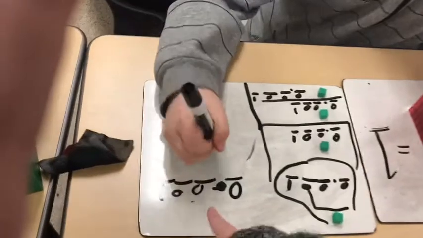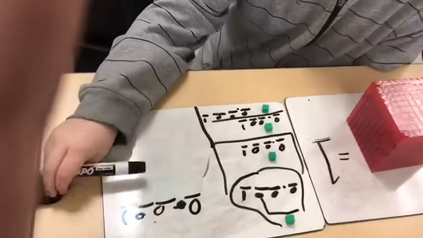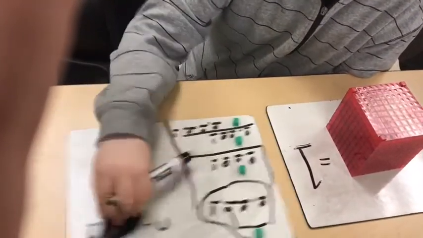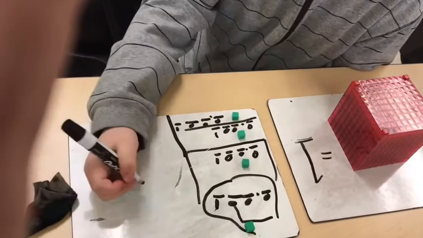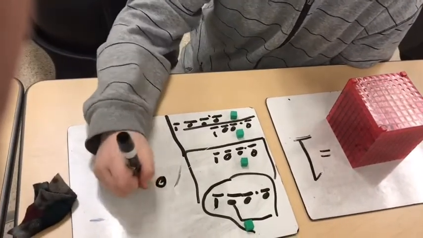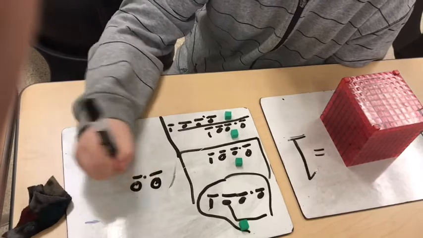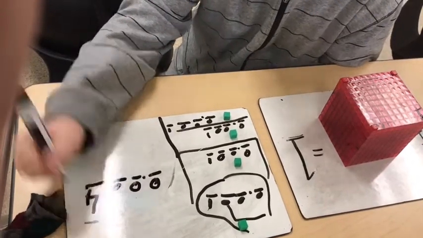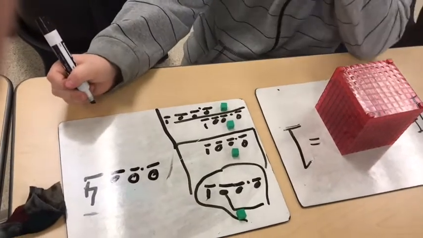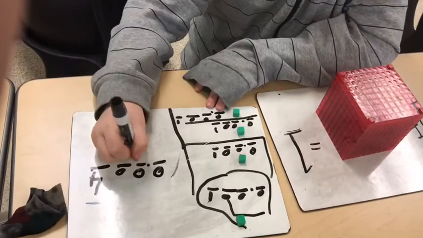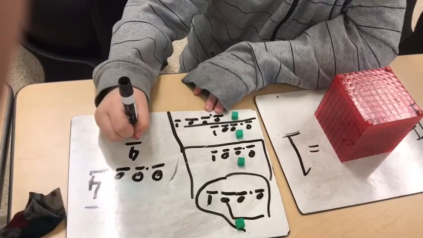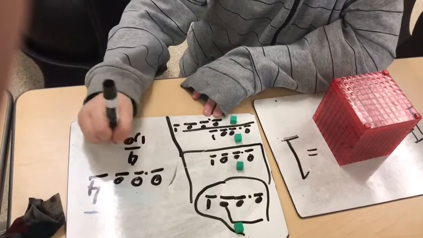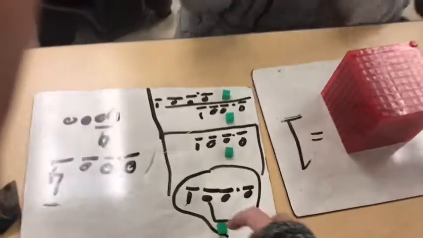How would you write 4,000ths as a decimal? Excellent. How could you write it as a fraction? Beautiful.